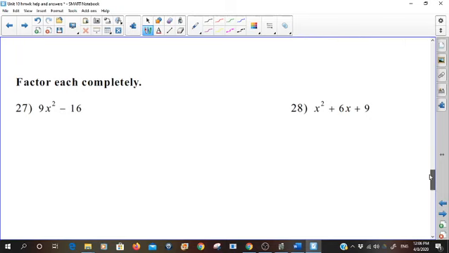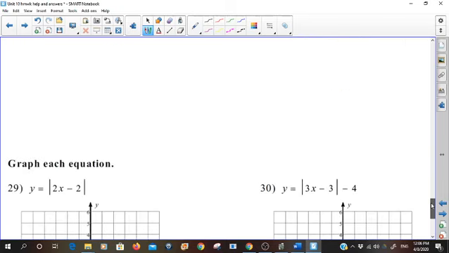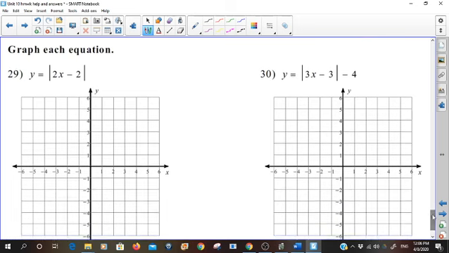Don't forget a bit of factoring review there to help you at home, and a bit of graphing absolute value. Don't forget that you can just pull out the 3, so this becomes an x minus 1. And then this just means to go right 1, and then down 4. 1, 2, 3, 4. And then this is just our slope of 3.